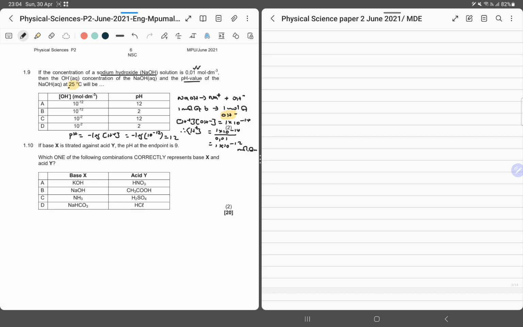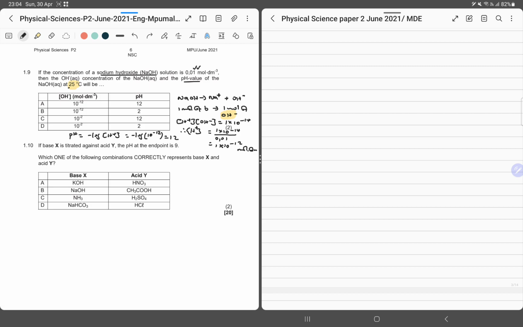Now we know that the concentration of the hydroxide ions is effectively that 0.01, and 0.01 is actually 10 to the minus 2. Sorry, not 12 but 2.